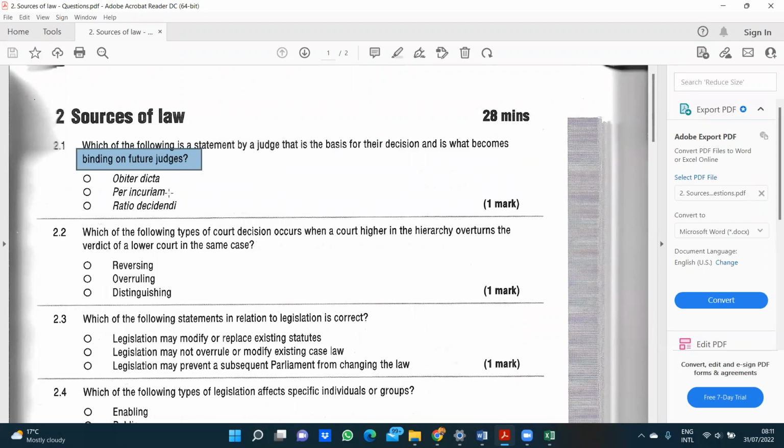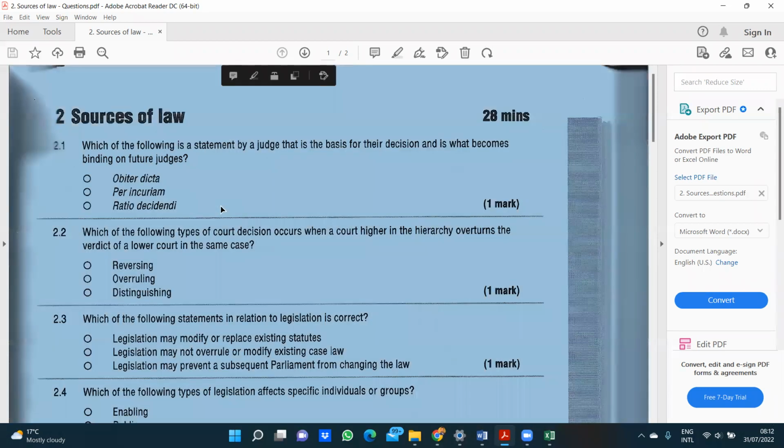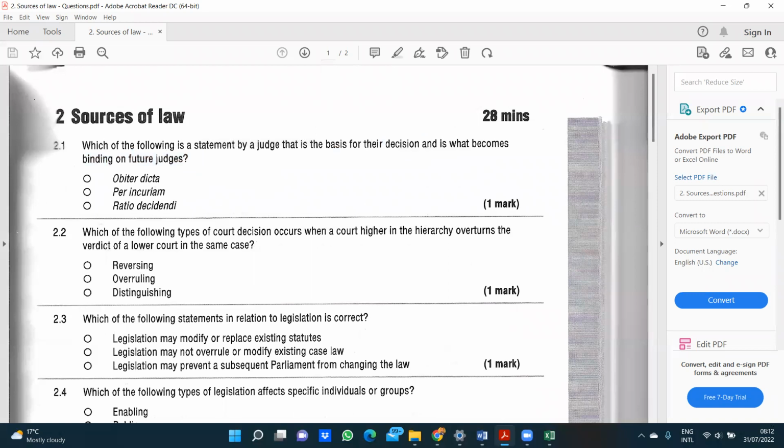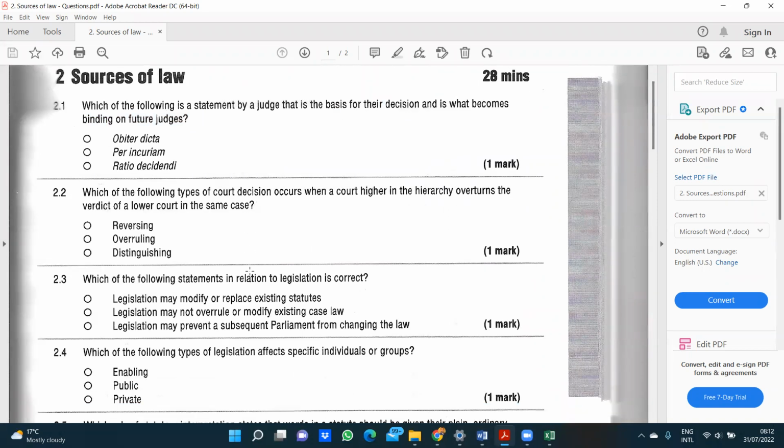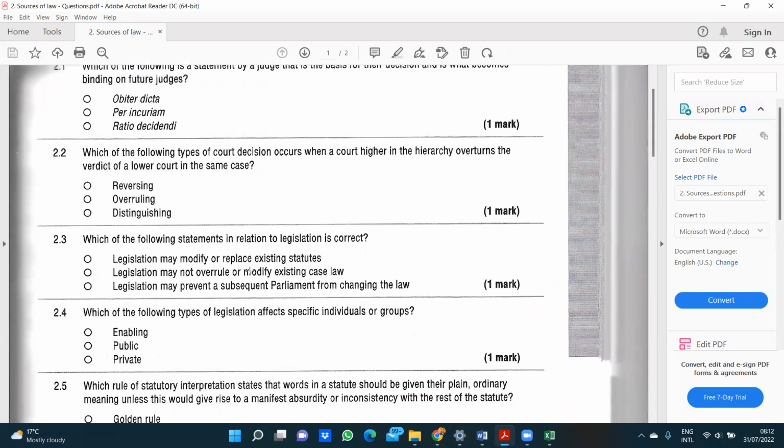Obiter dicta, per incuriam, or C, ratio decidendi? A, B, or C? C, that's good. Yes, it is ratio decidendi.